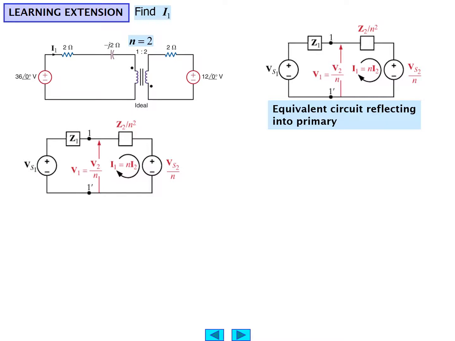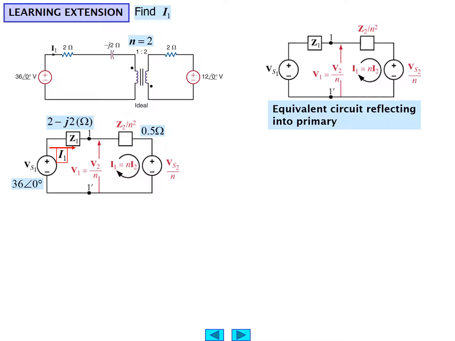The circuit then would look like this as a result, removing what seems to be the transformer and replacing it by the equivalencies, if you will. 36 angle 0, Z1 is 2 minus J2, Z2 over n squared. In this case, there's only a 2 ohm resistor, so we end up with n squared being 4. 2 over 4 is a half.